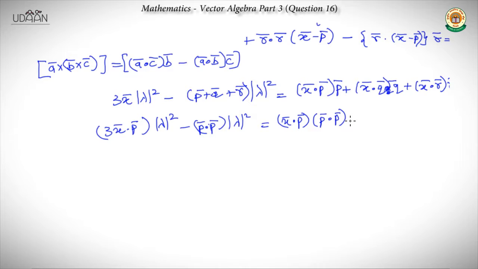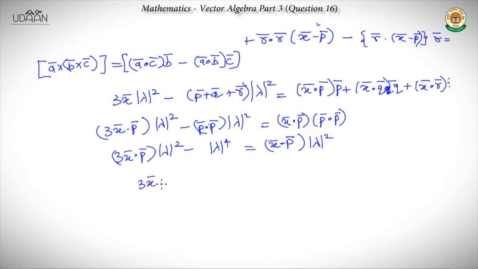Mod times p bar dot p bar. But p bar dot p bar is mod lambda square. So again x bar dot p bar is mod lambda square minus mod lambda raised to power 4, which will be turning out to be x bar dot p bar times mod lambda square. Now lambda square will get cancelled. So we get 3x bar dot p bar minus mod lambda square.